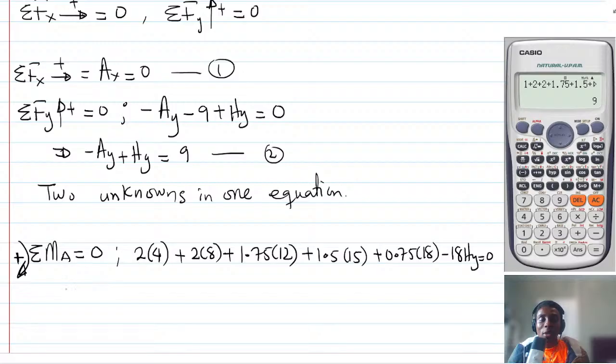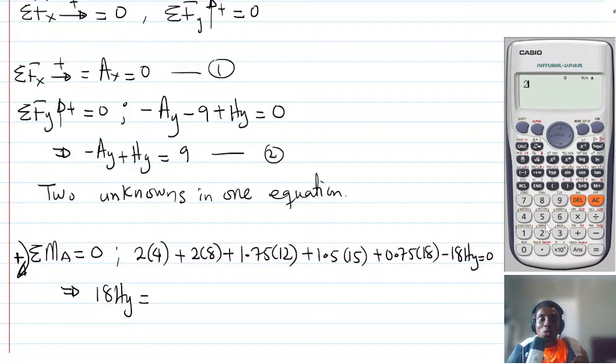So guys, what is HY? So 18 HY is going to be 2 multiplied by 4 plus 2 multiplied by 8 plus 1.75 multiplied by 12 plus 1.5 multiplied by 15 plus 0.75 multiplied by 18.